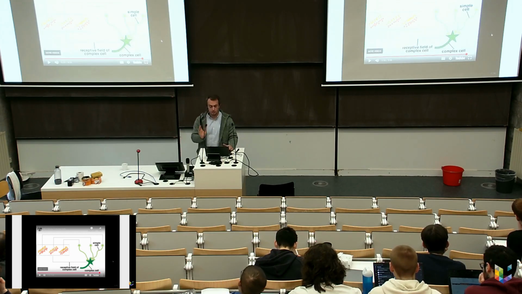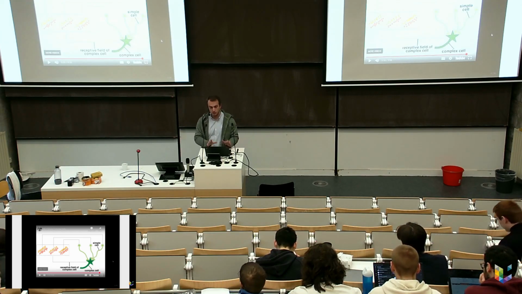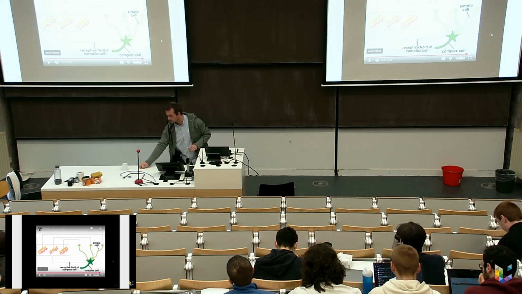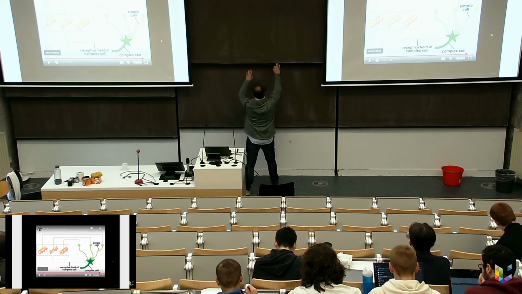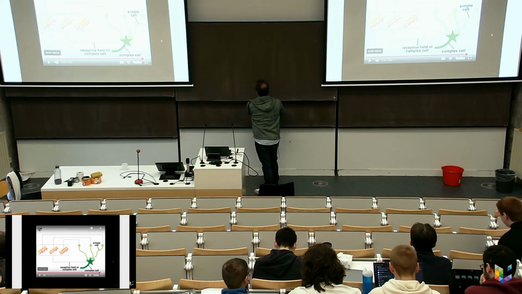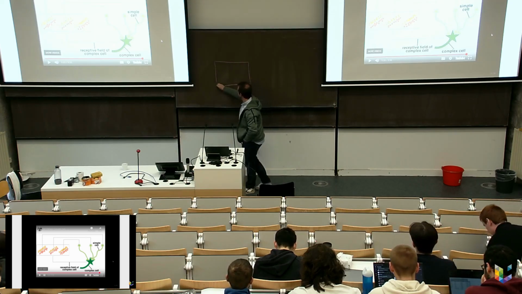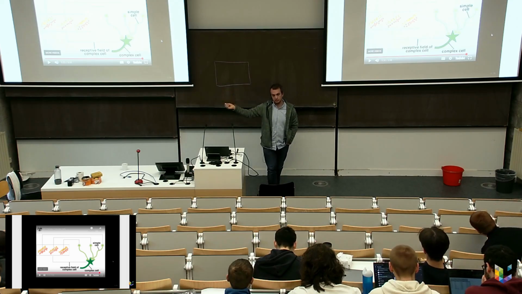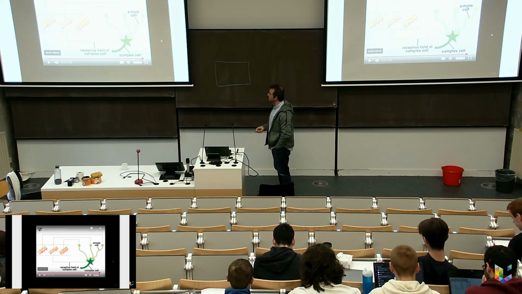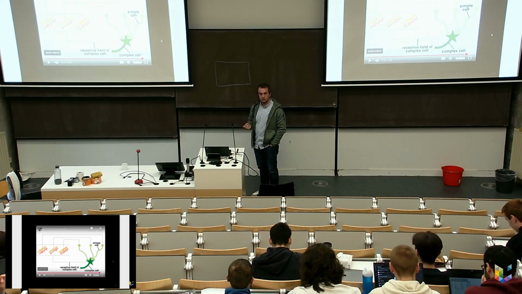Okay, so just to summarize what we've seen, what they've discovered is that if this is the entire field of view of your eye or of the eye of this cat, then they discovered that there are at least two types of cells.